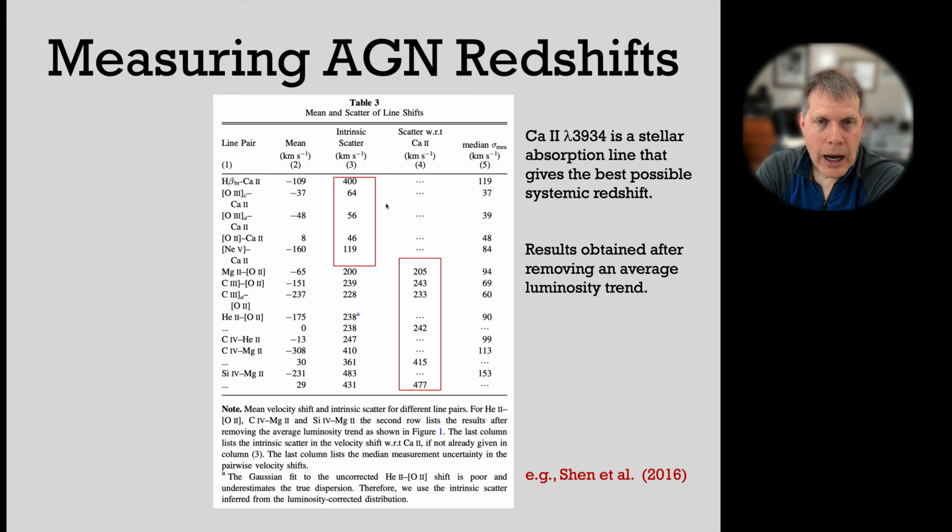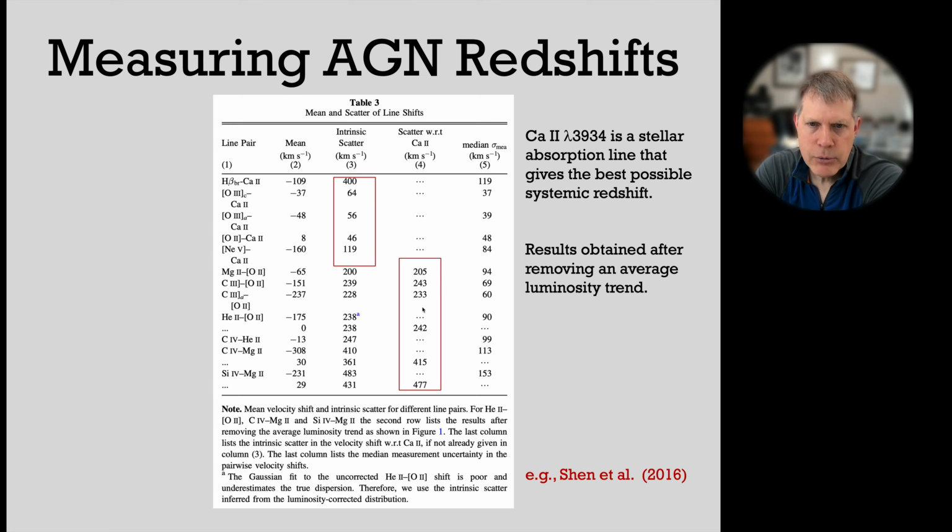If you in contrast look at the broad lines, well, H beta, for example, isn't as good. You can get H beta redshifts typically only to about 400 kilometers per second or so. And then if you go up to the rest-frame ultraviolet lines, you have to switch over to what I've boxed here.